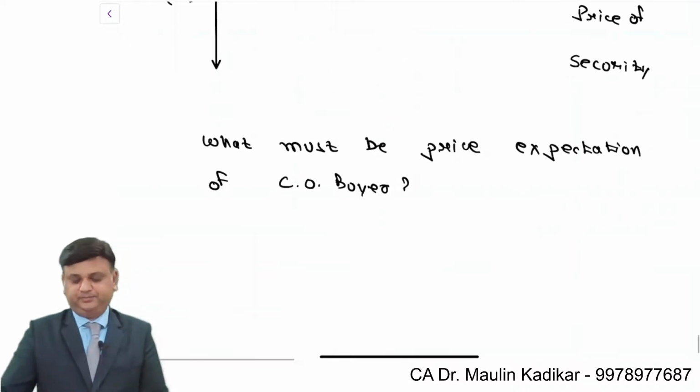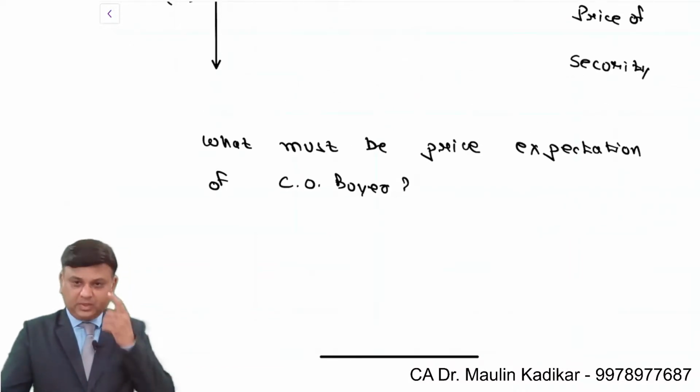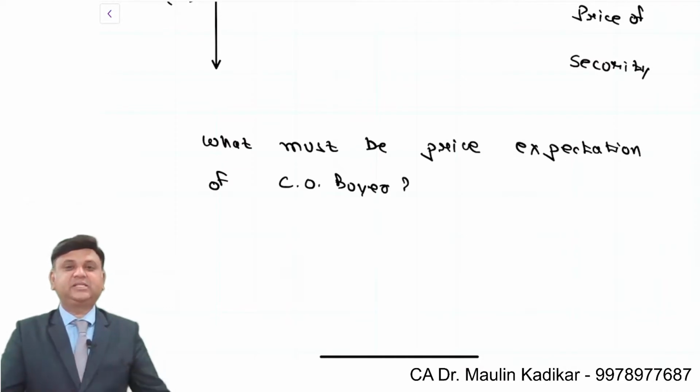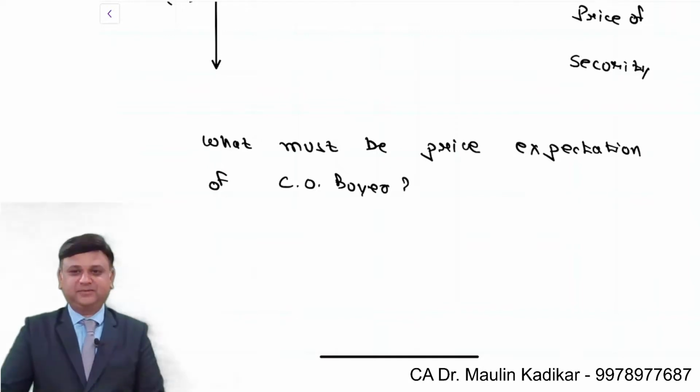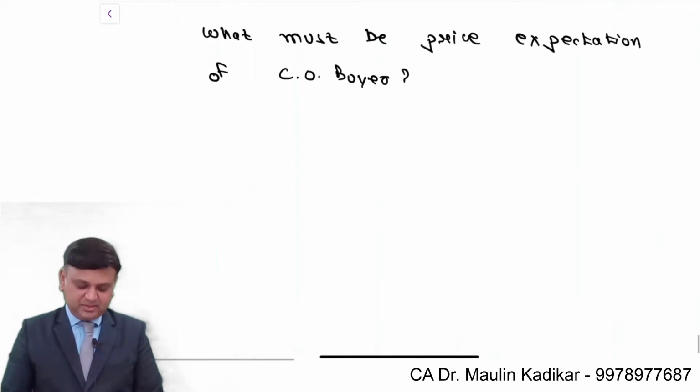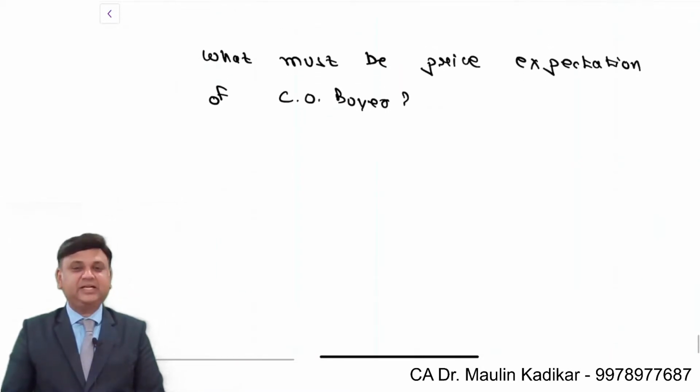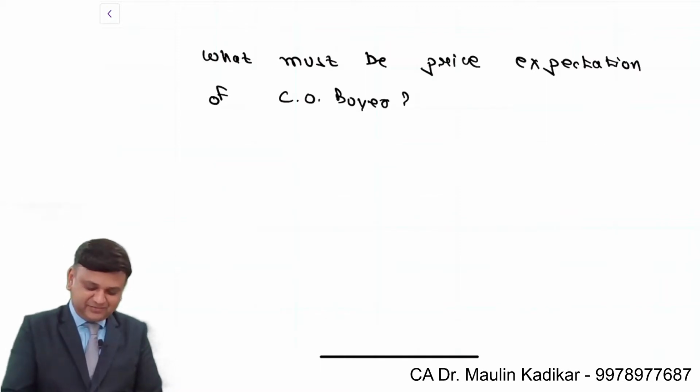Whether the call option buyer is expecting the price of the security to go up or to go down. We understand that the call option buyer is expecting the price of the security to go up.